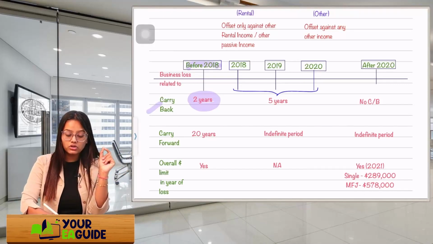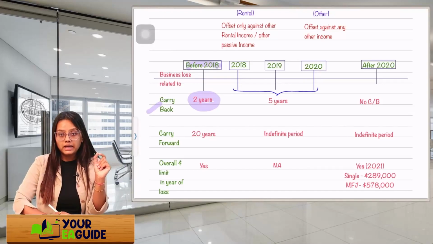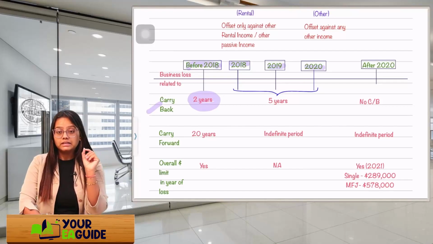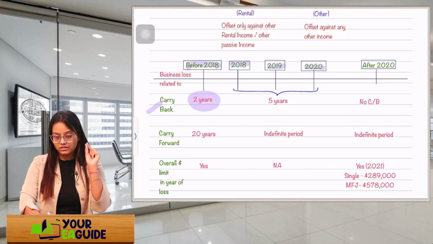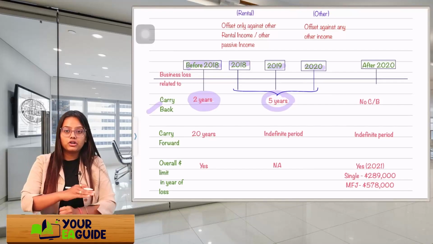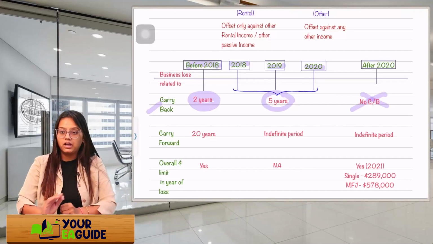First, we are understanding the carry back rule only. For losses relating to 2018, 19 and 20, you have to check these 3 years' tax returns to see whether the loss pertains to that particular year, and then it can be carried back 5 years. After 2020, no carry back is allowed.